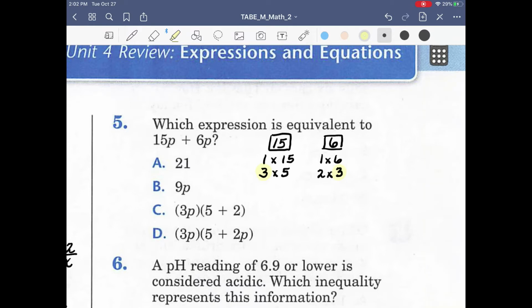Okay. But we can also take out the letter P because both of these have a P. So I'm going to say, here's the expression.